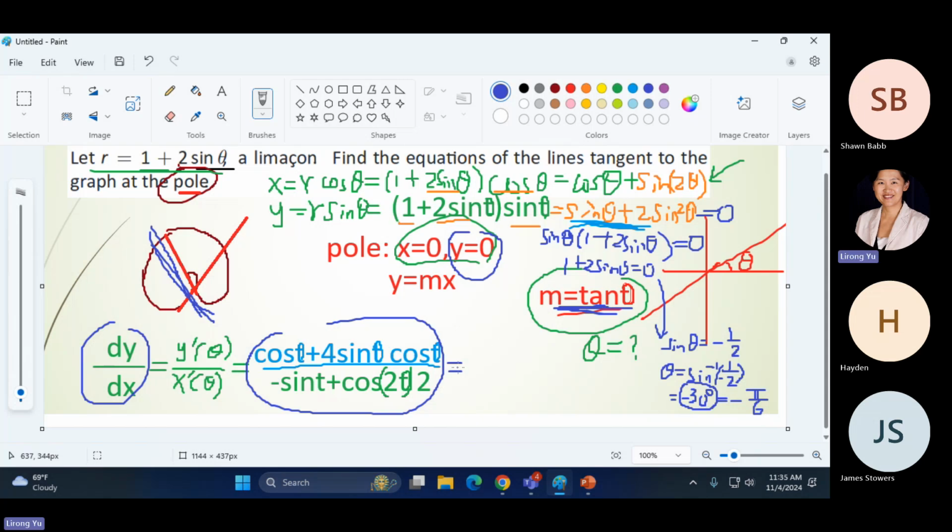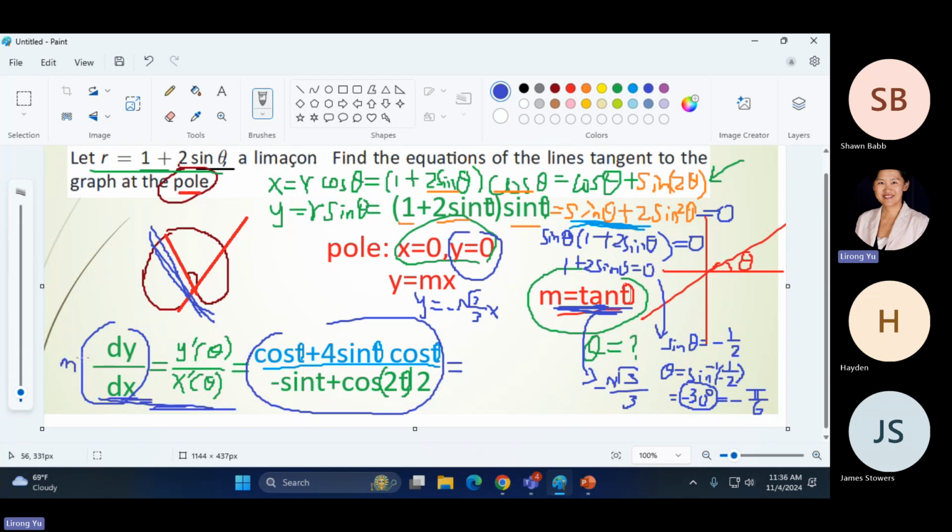I wonder if the answer will be the same. We can double check by plugging in the tangent theta. When theta equals negative pi over 6, it's negative root 3 over 3. Then you go back to the line: y equals negative root 3 over 3 x. So that's one way, and it seems to be a shorter method. You can also put in the derivative function for dy dx.